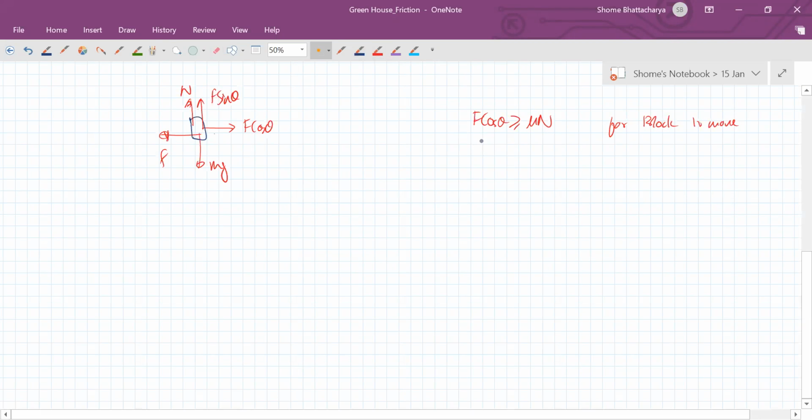So N you can see will be equal to mg minus F sin theta. When you substitute this here, you can see that F cos theta should be greater than or equal to mu times (mg minus F sin theta).